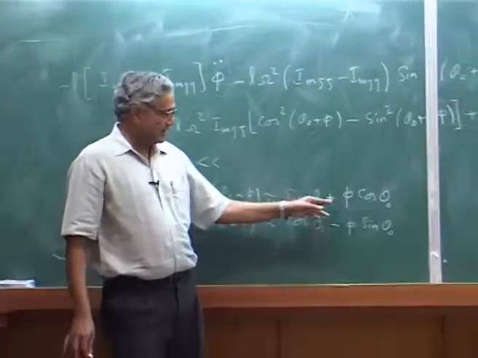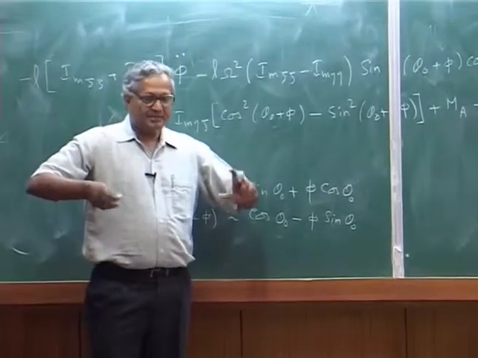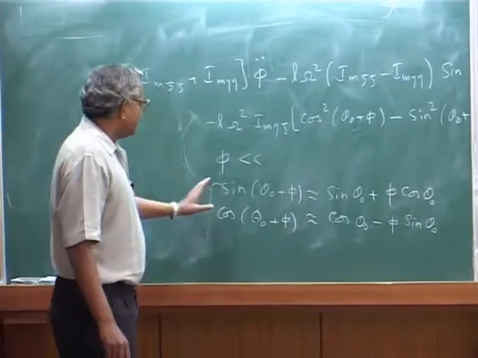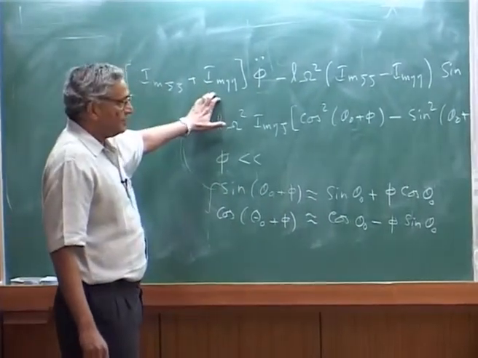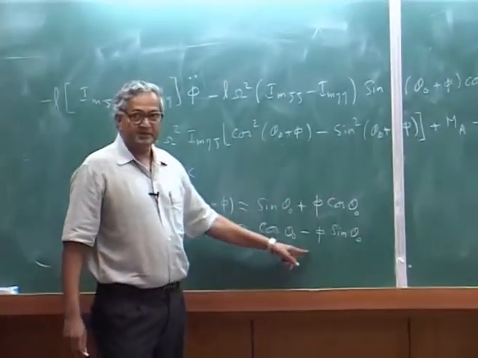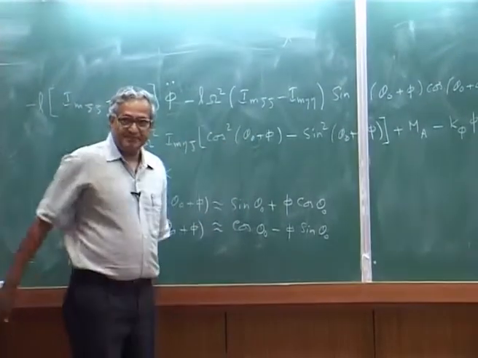But phi is the elastic twist, and that is a small angle. That is the assumption you are making here, and then you substitute back, collect the terms of phi separately, and leave out all the other terms.